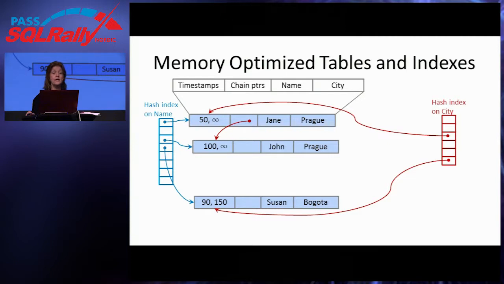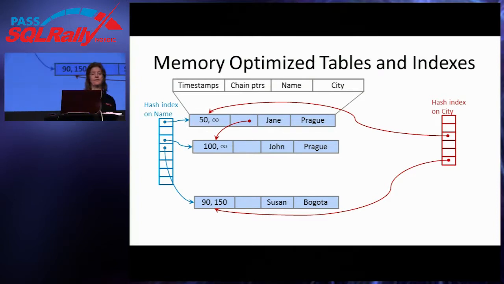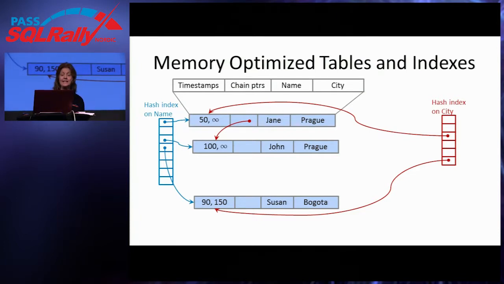The second row, any transaction that starts after 100 will be able to see this row. The third row was inserted at 90, deleted at time 150, so any transaction that starts after 150 will not be able to see that row. It is no longer there.